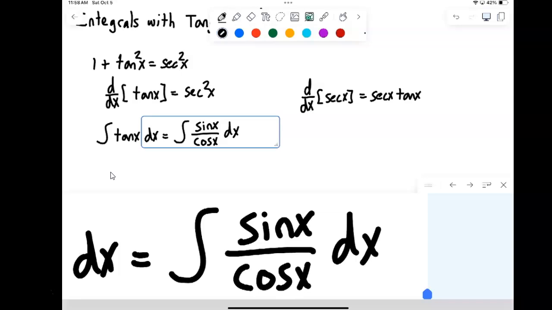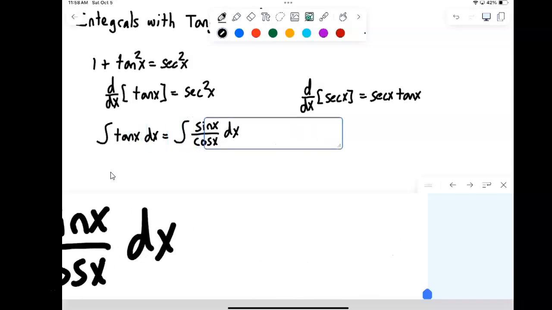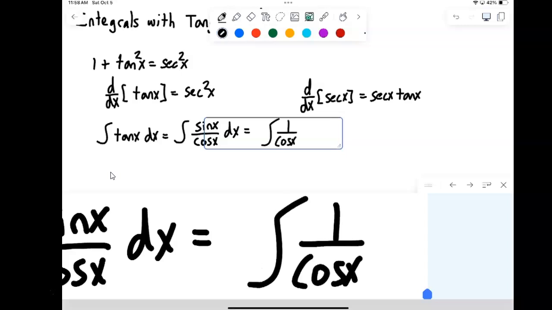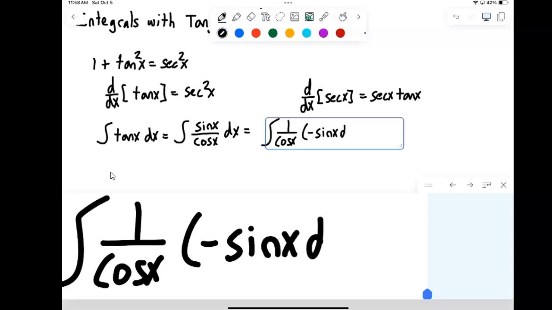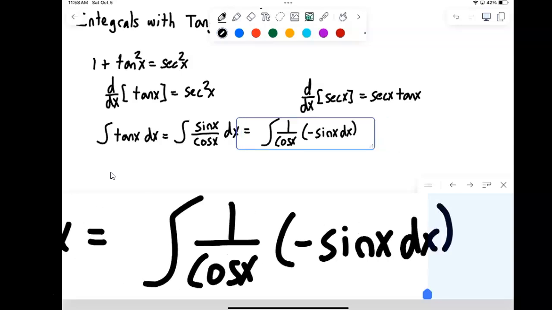Substitution. What you do is let u be cosine x. So you have the integral of 1 over cosine x. The derivative of cosine is negative sine, so you need to put a negative with the sine x dx and account for that by putting the negative outside.